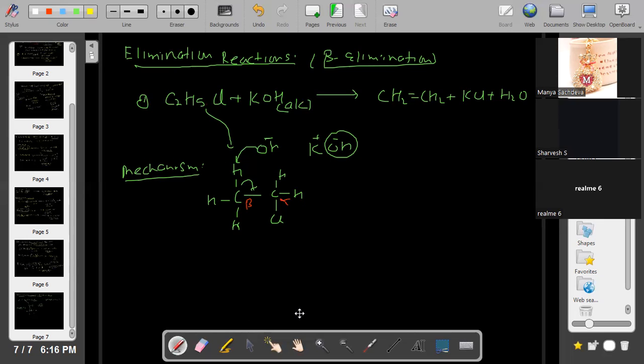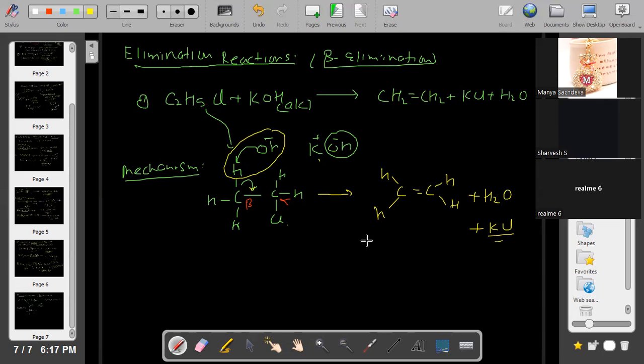In beta elimination, this chlorine moves out and this hydrogen moves out simultaneously, and you will get HC double bond CH, with this HOH, this H2O, and potassium combined with this Cl, that is KCl. So this is the reaction process.